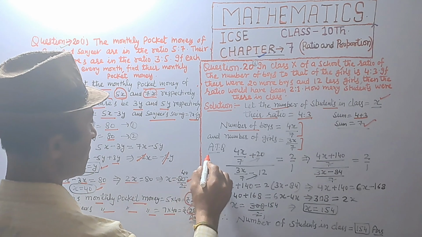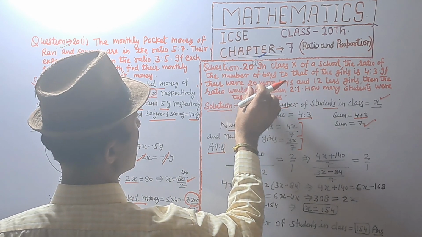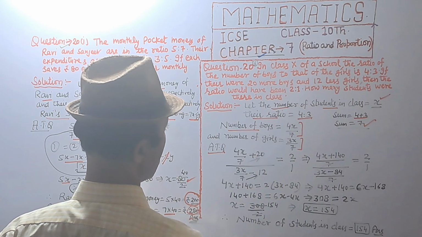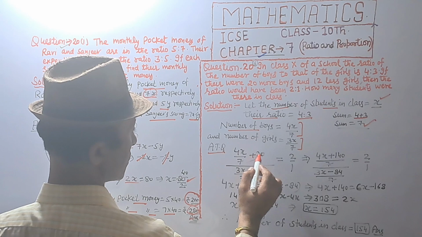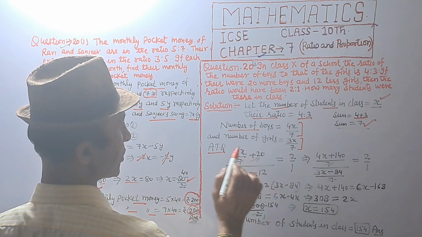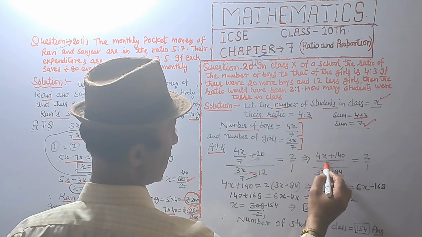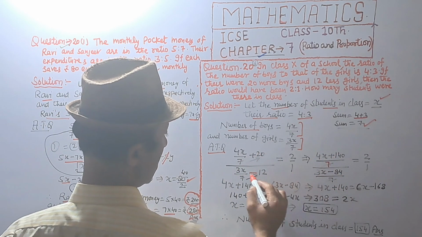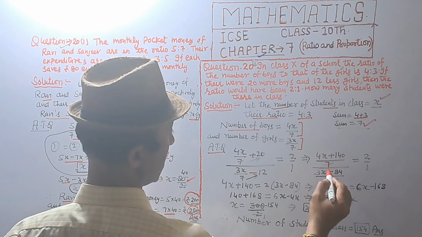According to question, with 20 more boys and 12 less girls, 4x upon 7 plus 20 divided by 3x upon 7 minus 12. 7 times 20 is 140 and LCM is 7. 12 times 7 is 84, LCM is 7.